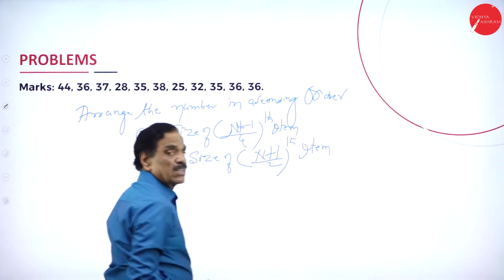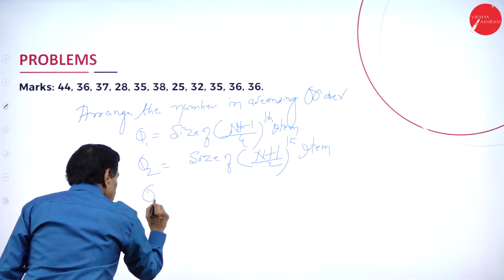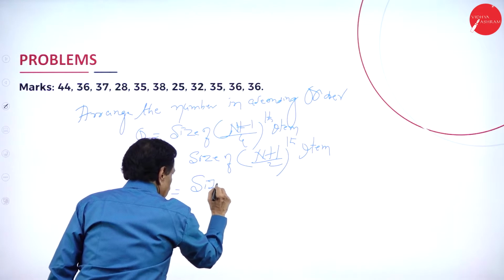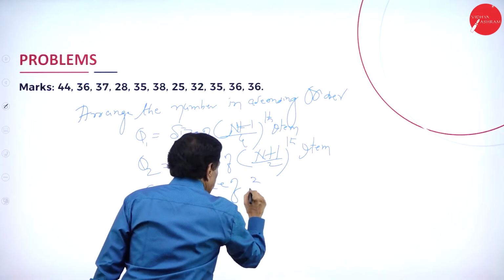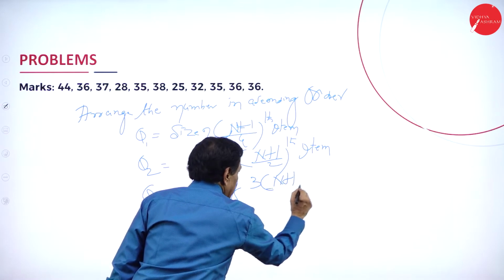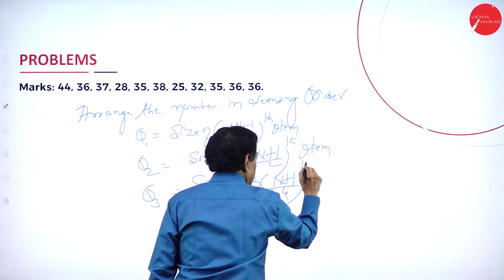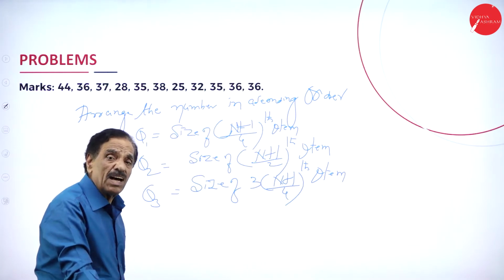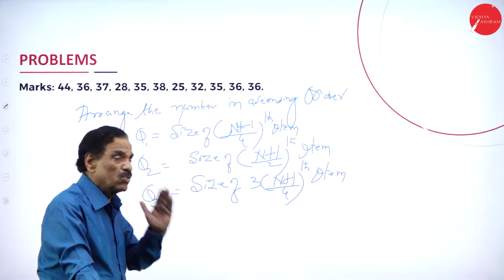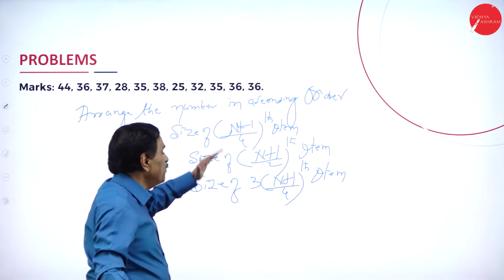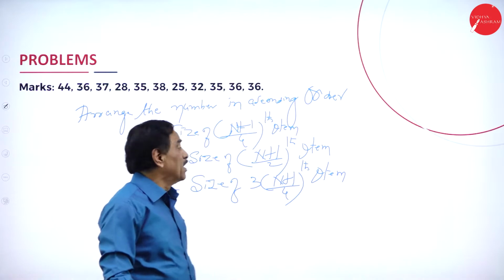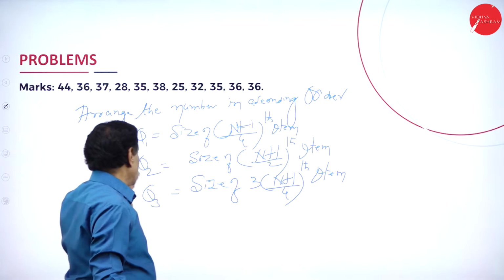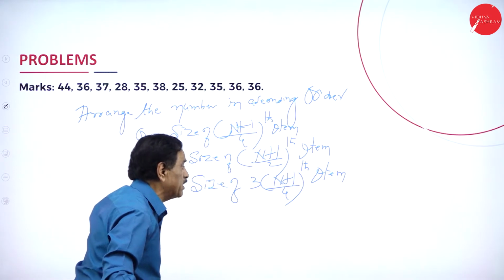For Q3, it is the size of the 3 into (n plus 1) divided by 4th item. So which are the three quartiles? Q1, Q2, Q3. What is Q1? Size of the (n plus 1) divided by 4th item. Then Q2, size of the (n plus 1) divided by 2th item. Then Q3, size of the 3 into (n plus 1) divided by 4th item.